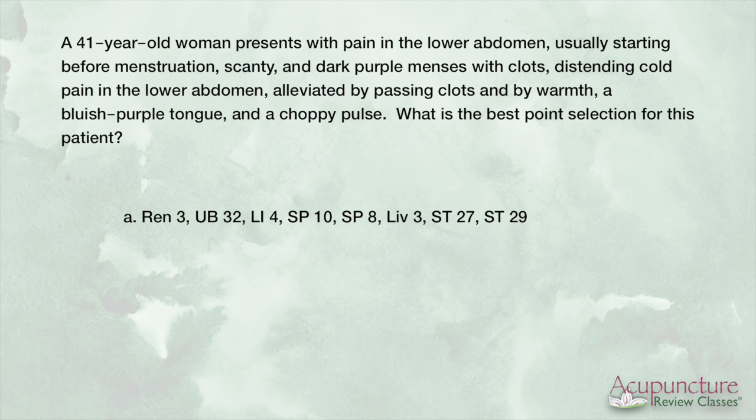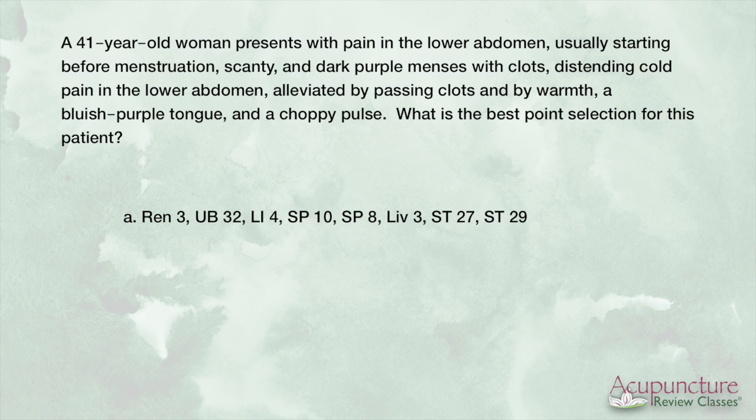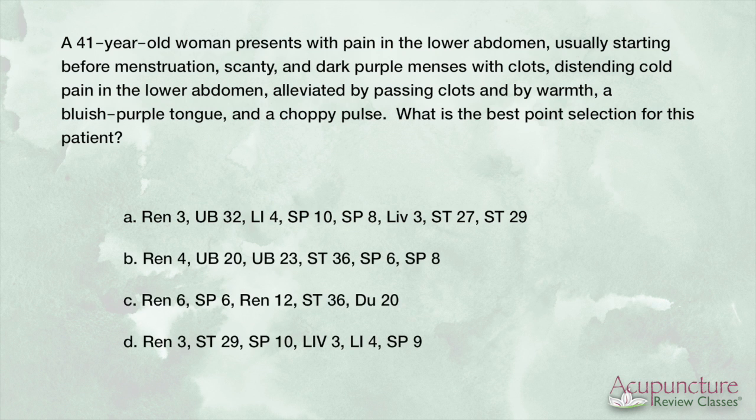We've got dark purple clots. Now, if you're a person that knew your syndromes really well, and when you see the dark purple clots with the pain, you could say, hey, that's dysmenorrhea and I know the points. You could jump right to the points. Okay, so the answer for number 4 is A.